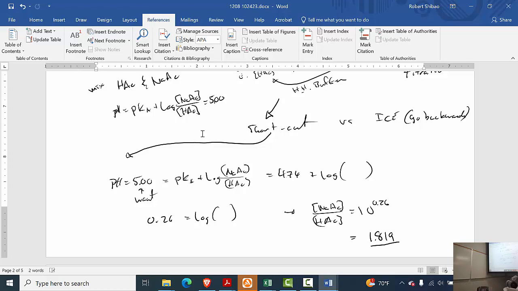And so it's a 1.819 to 1 ratio. Now how many sig figs am I allowed? This is 2 sig figs here. So I'm only allowed 2 sig figs, so it's a 1.8 to 1 ratio, but I'm going to carry a couple of extra to minimize round off error.